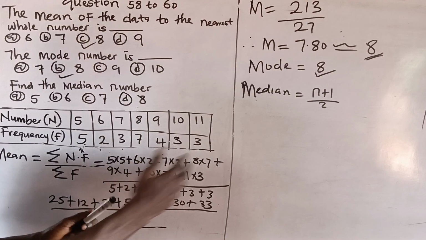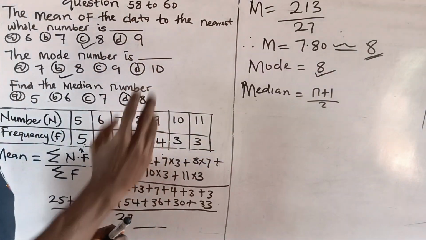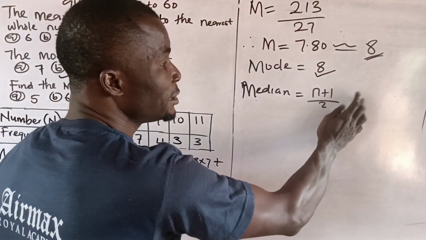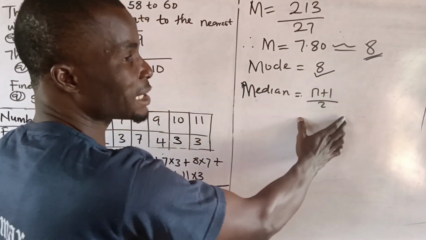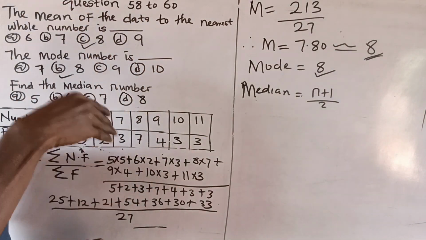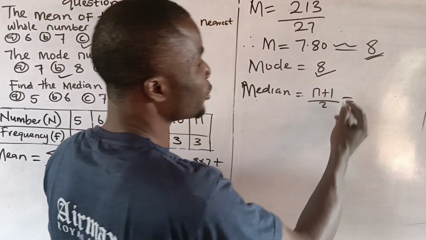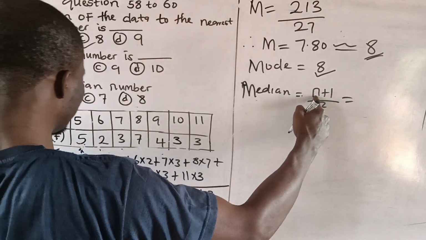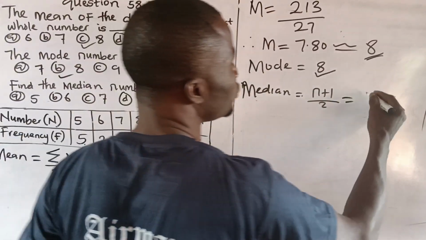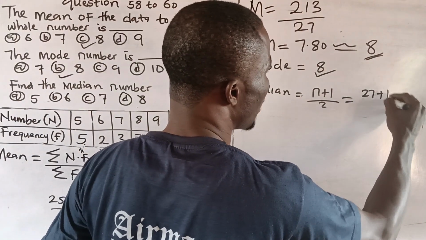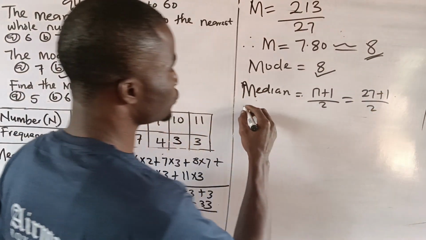From there, we are going to know where the number we get here falls into. That is where we can pick the median. So we have n plus 1 divided by 2, where n is the total frequency, which is 27.